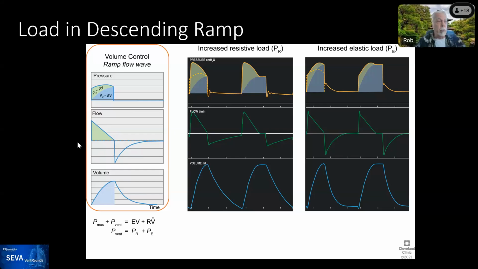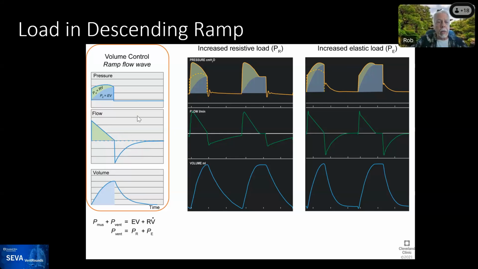And the way you can prove that to yourself is just watch the flow waveforms for a patient that's in CPAP or in PAV or NAVA. Those are more natural waveforms, and they look more like sine waves. But at any rate, there are some interesting characteristics of flow waveforms when you use a descending ramp.